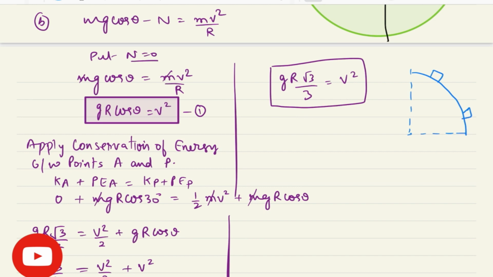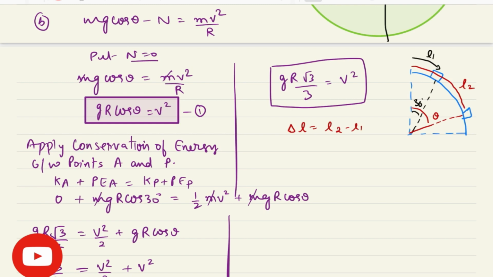Let's say initially the distance was L1, which corresponds to angle theta 30 degree, and finally it corresponds to this angle theta, and corresponding to theta the distance covered is, let's say, L2. So what's the net distance covered? The net distance covered is delta L, which comes out to be L2 minus L1. So this is the distance covered by the block on the sphere.